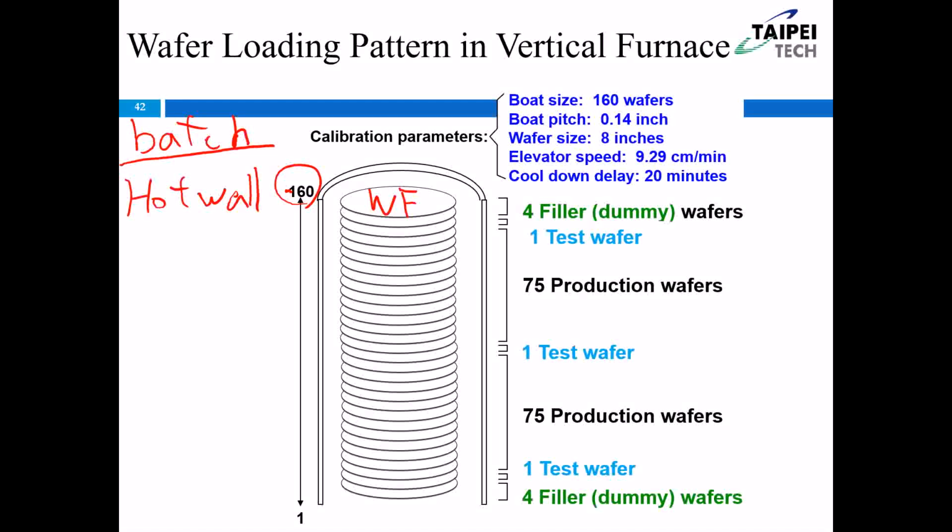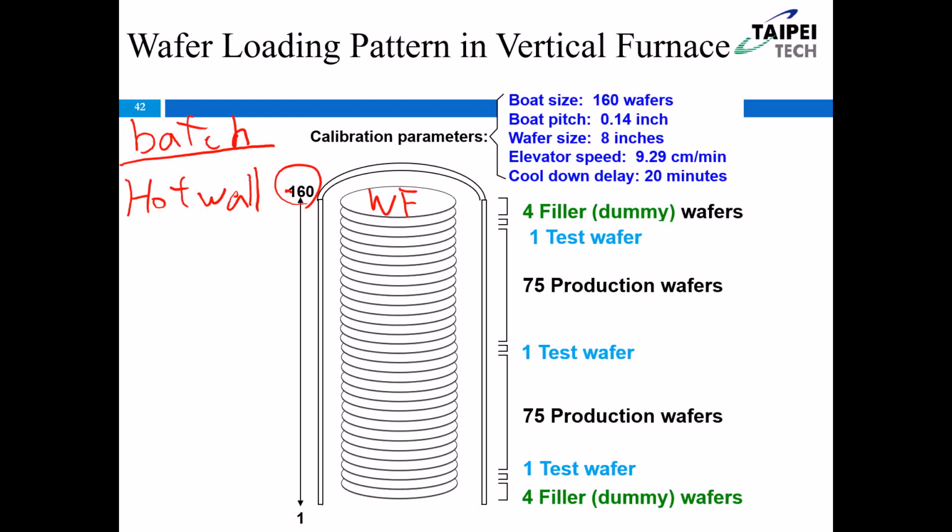Okay, let's move on to see the wafer loading pattern. You see, I use different colors to show you. The green color shows that on the top of the quartz tube, and also on the bottom of the quartz tube, we have 4 dummy wafers.